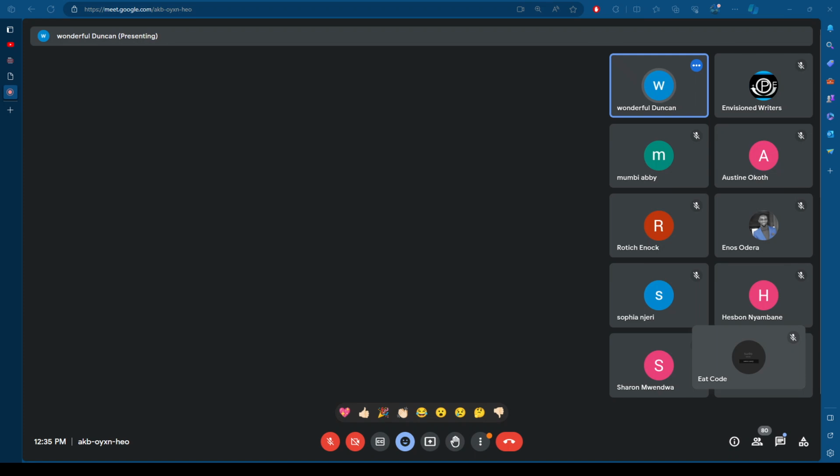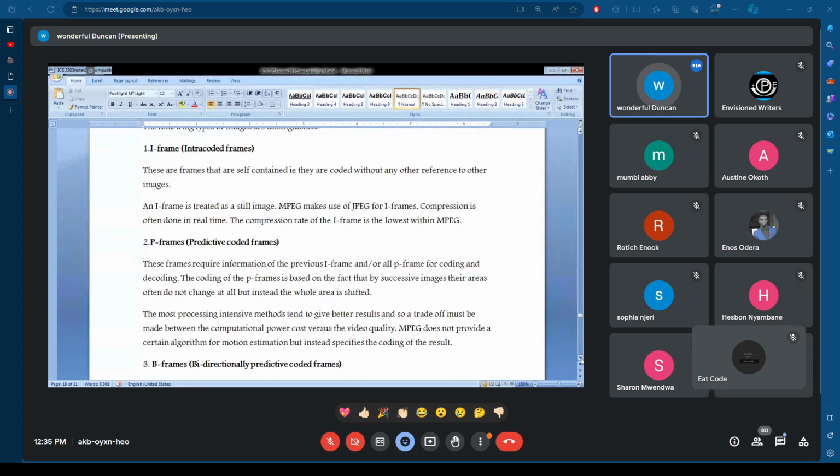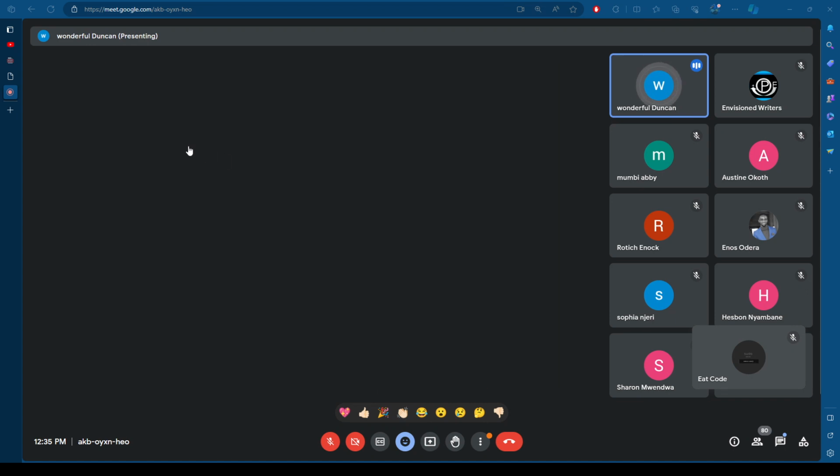So it requires information of the previous frame, and that previous frame is an intra-coded frame, and then it requires all the predictive frames for coding and decoding.